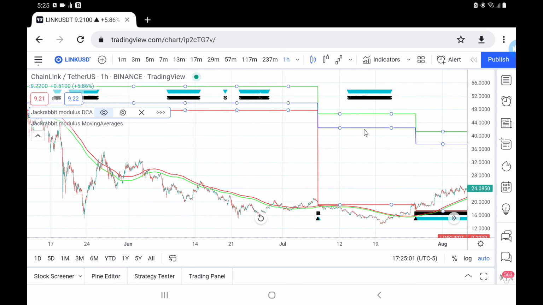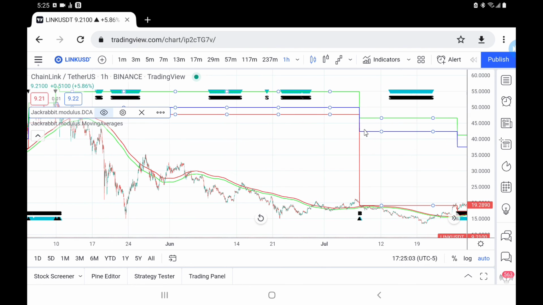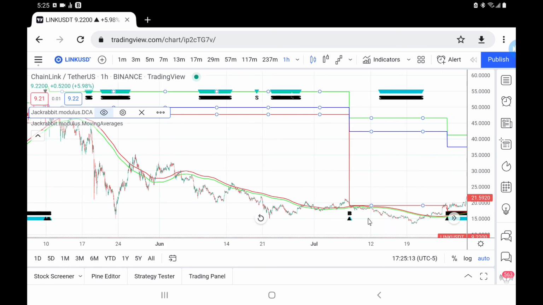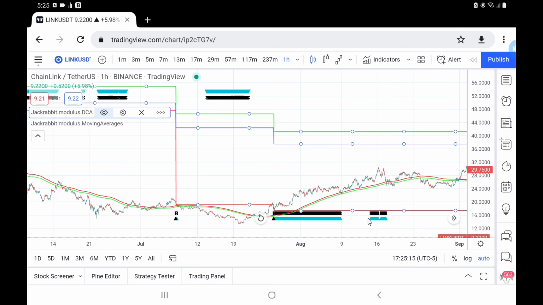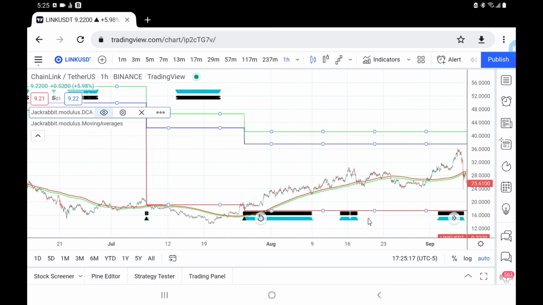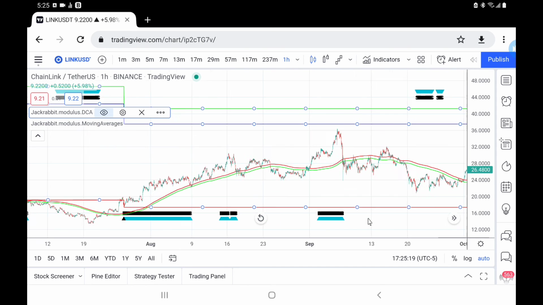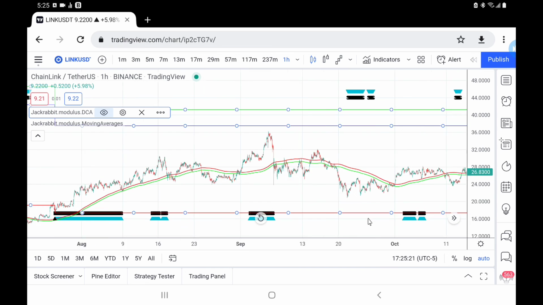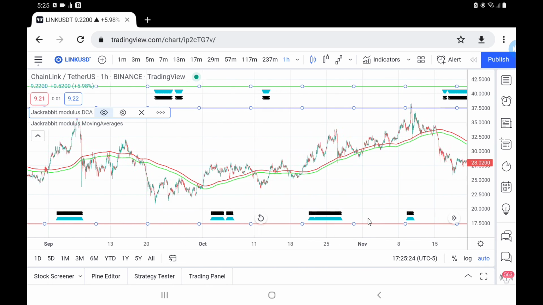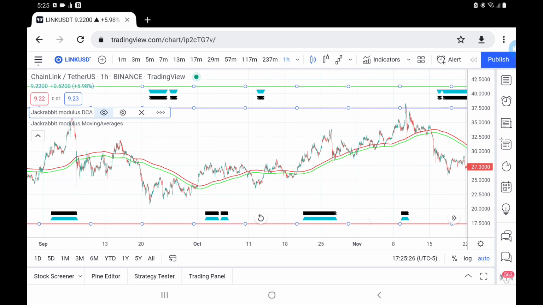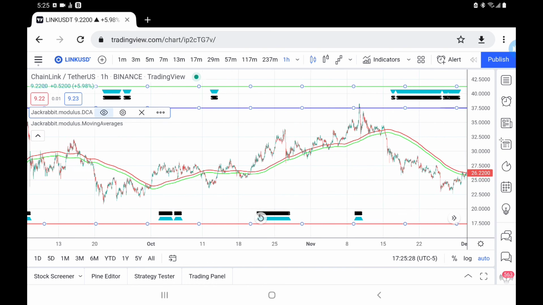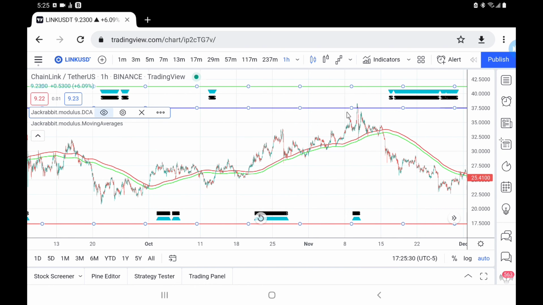So here you have it. All of this market down run. And yet it still was very strategic. Now let's keep going. Okay, it picks up a little bit in August. Picks up in November, but we're still not at the average.